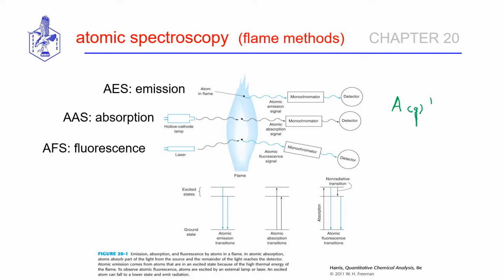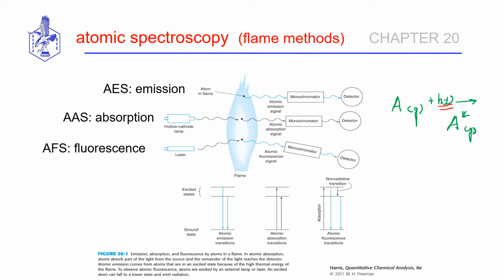Each element absorbs characteristic photons at specific wavelengths, and so I excite my element up into some excited state. In my absorption techniques, I am measuring the intensity of the light that gets absorbed from that characteristic wavelength. So that's your absorption techniques.